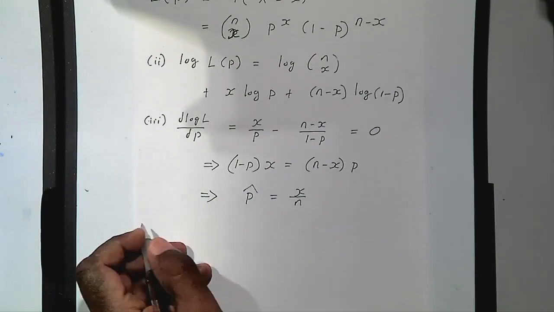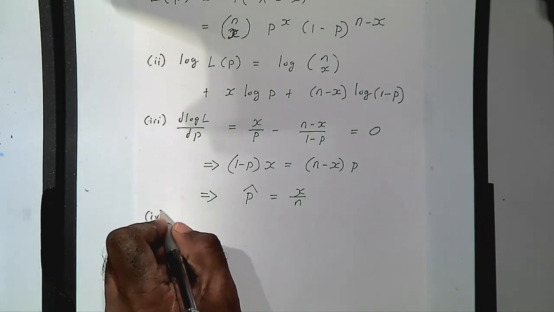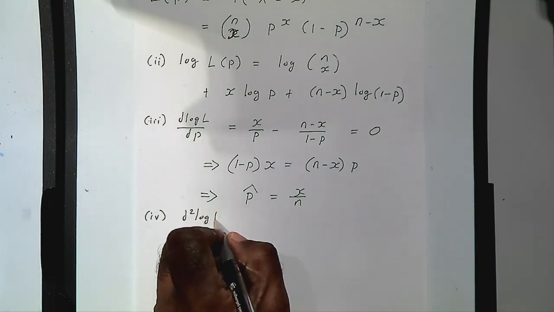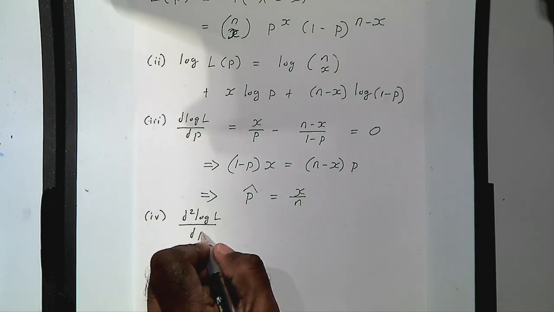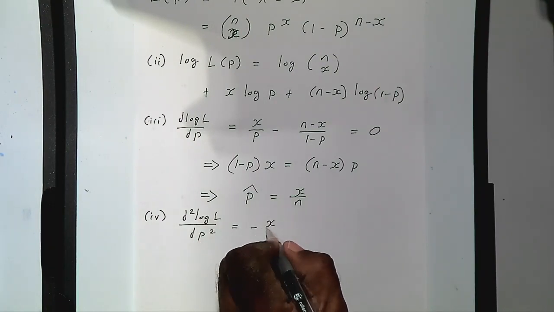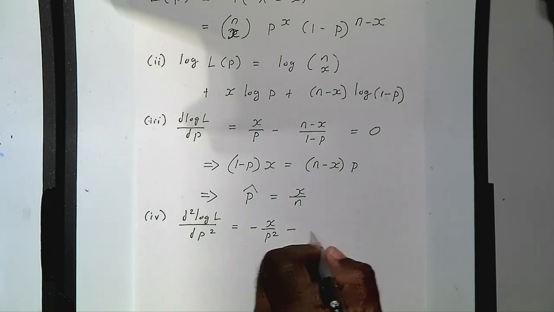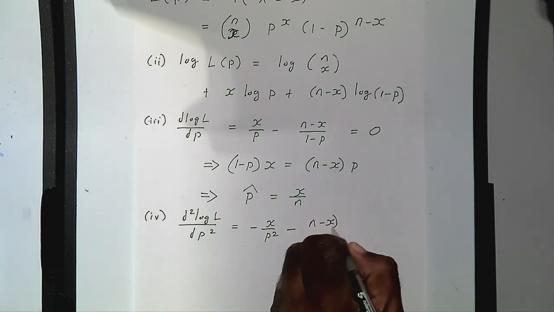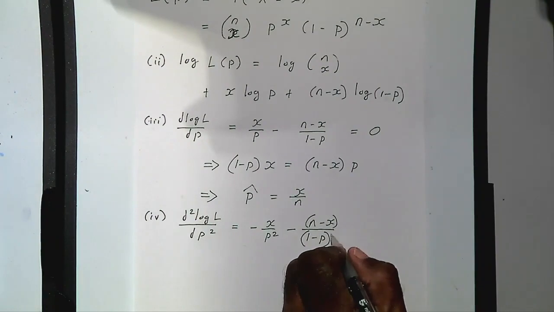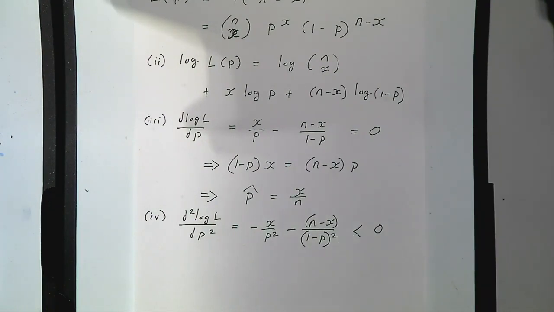And step 4 is to take the second order derivative, which is... and this is clearly negative.